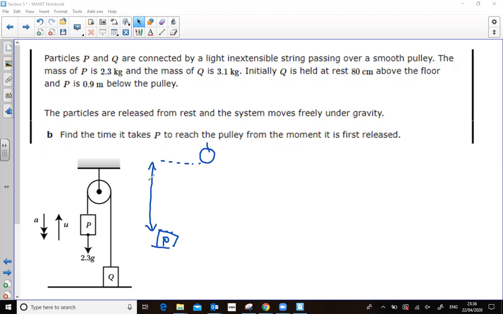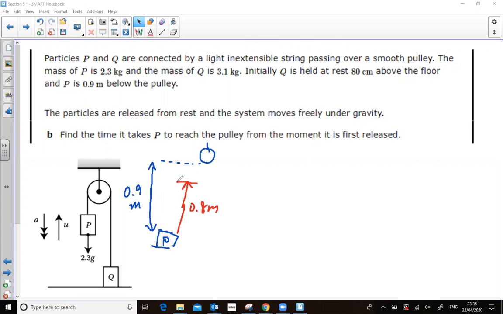Before everything's moving, the total distance between particle P and the pulley is 0.9 meter. And when Q dropped onto the ground, at that time, P has already moved up by 80 centimeters, so 0.8 meter.